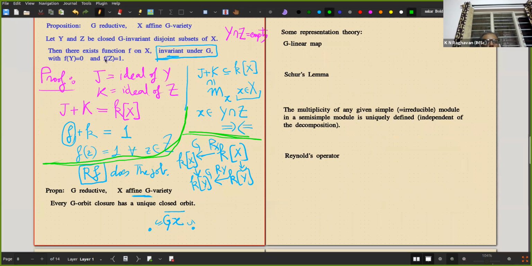You want to be sure you still have all the good properties. That is where the G invariance of Y and Z is used. For example, in order to write this, I need that Y is a G space in its own right. In other words, Y is G invariant. I hope I have answered that question.